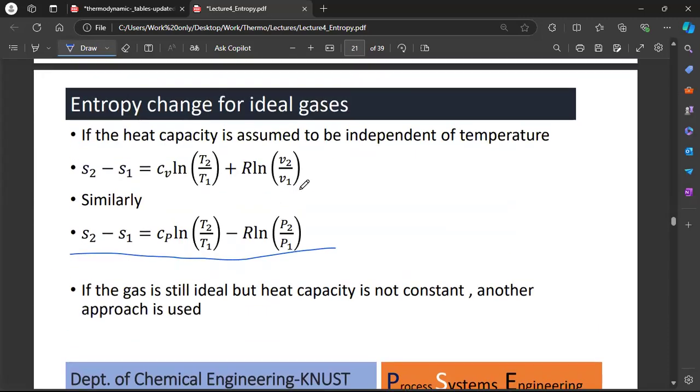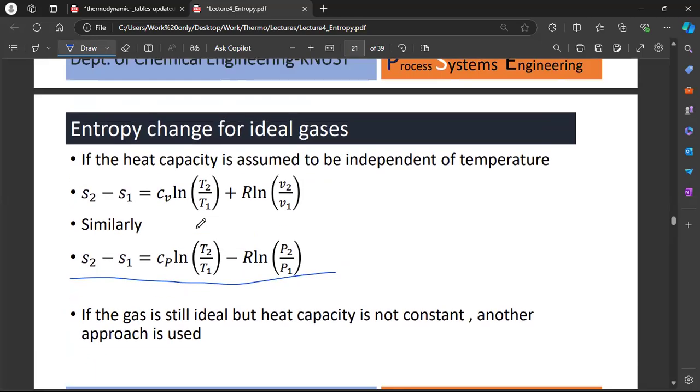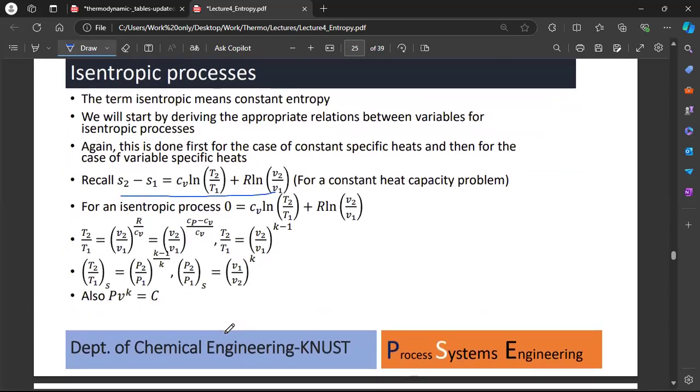Now, if we are saying they are isentropic and there's no change in entropy, then this goes to zero, and this also goes to zero. So the rest of it is just change of subject and mass.